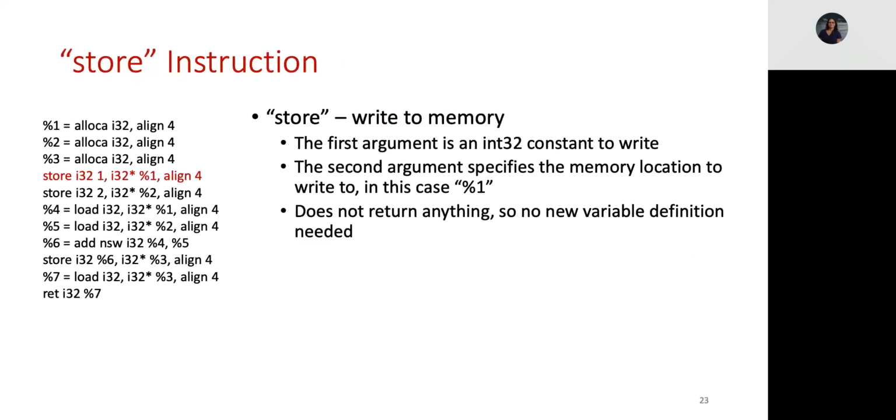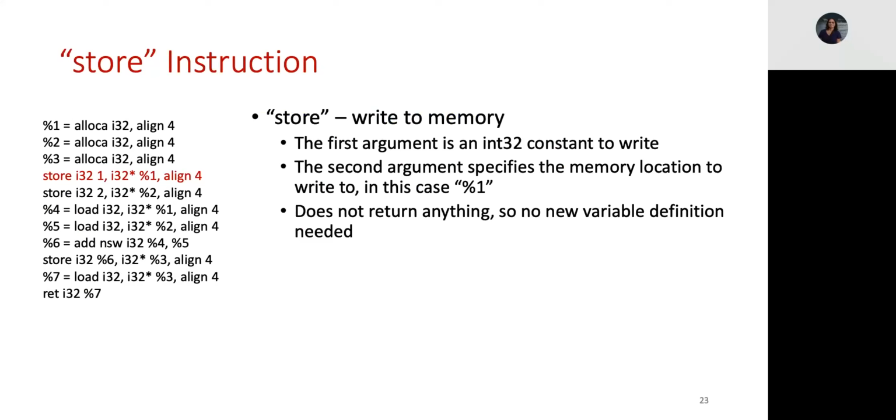The next type of instruction we see is store, which is used for writing to memory. In this instruction, the first argument is what you actually want to write, which is I32 1, so it's an int32 constant. The second argument is the location to write to, which is %1.